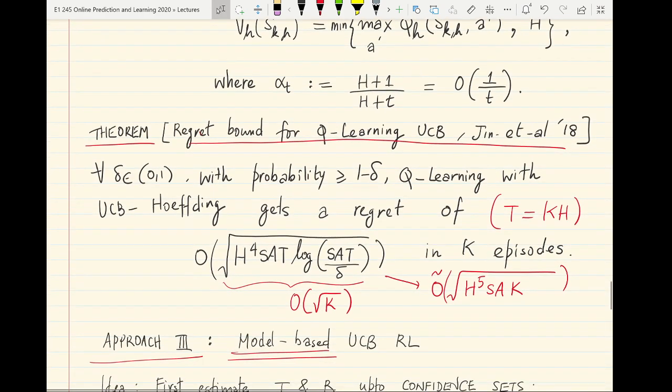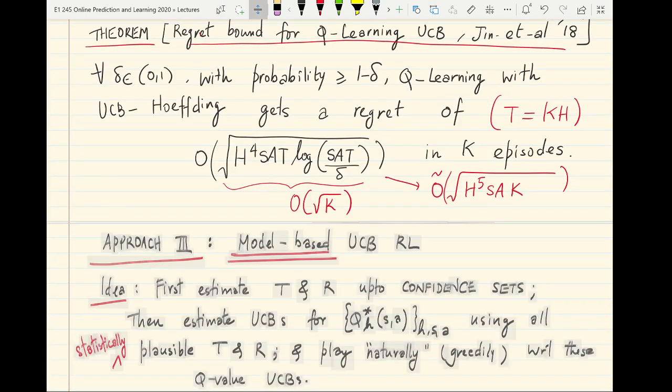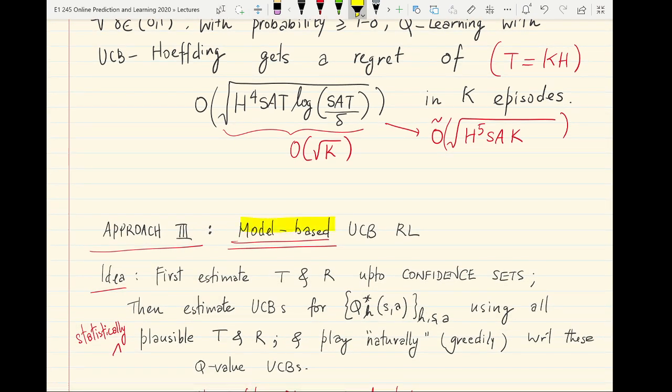The last approach that I want to present is an alternative approach to obtaining low regret algorithms for MDPs, and this is along the lines of what is called model based RL. Recall what a model based algorithm does. The model based approach consists of actually trying to first learn the T and the R functions, so in our case, the transition probability function of the unknown MDP and the reward generating distribution explicitly, up to a certain level of accuracy specified by confidence sets.